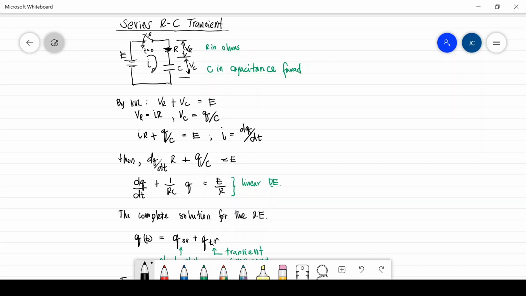The current I is expressed as the rate of change of charge per unit time. Expressing the equation in terms of Q, this is our differential equation, and it is a linear differential equation.